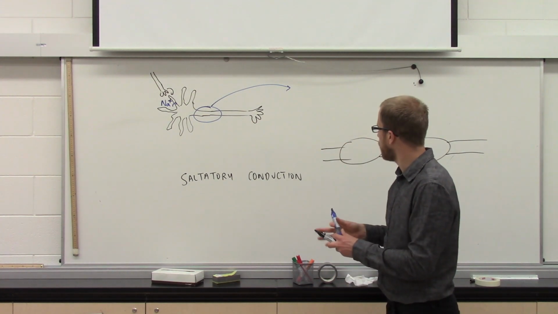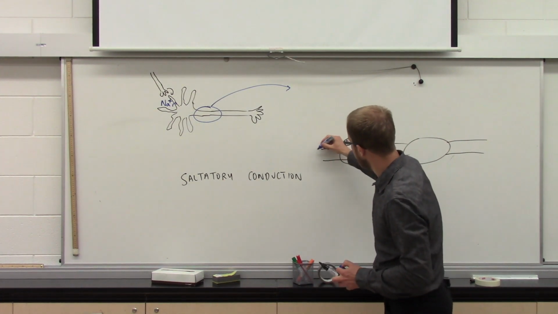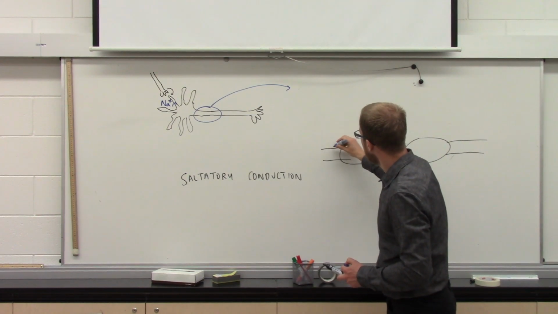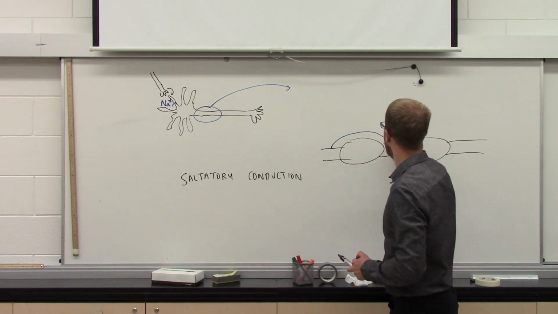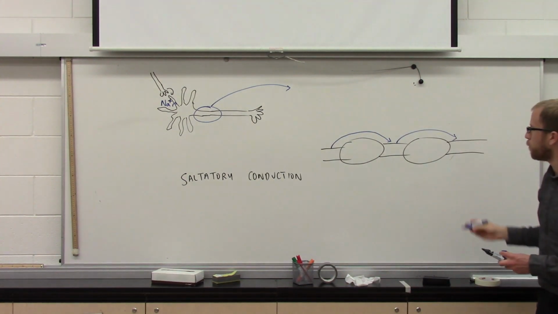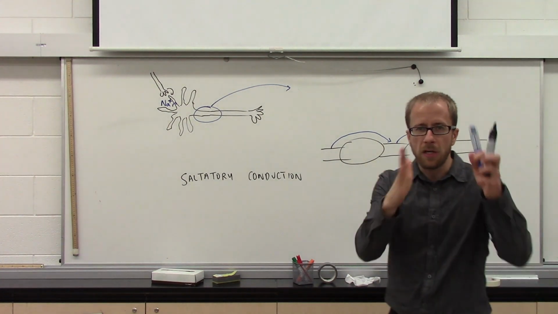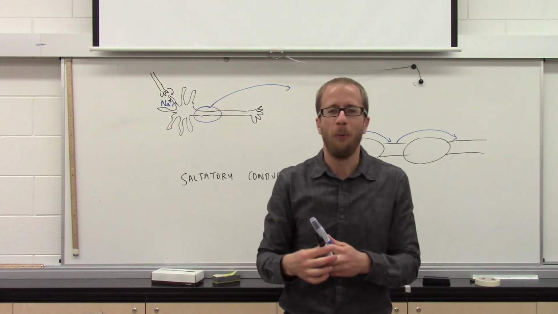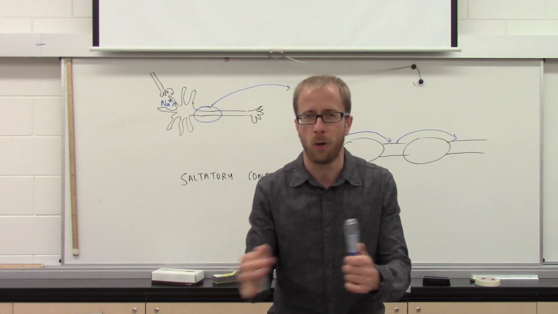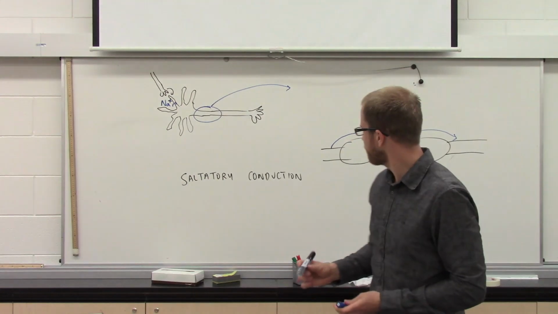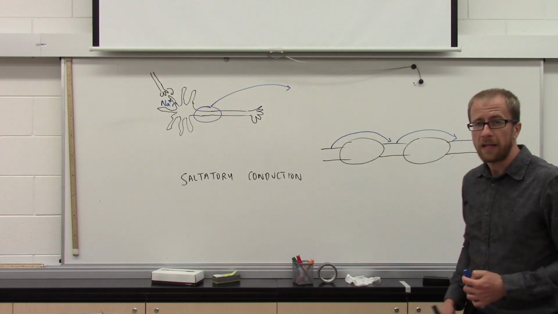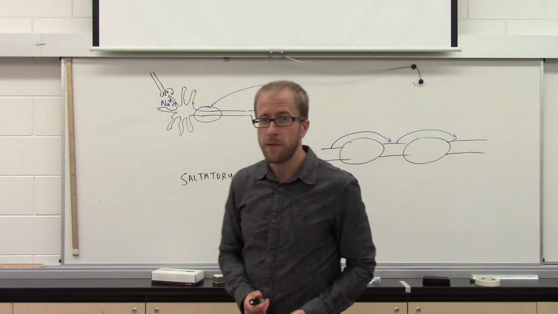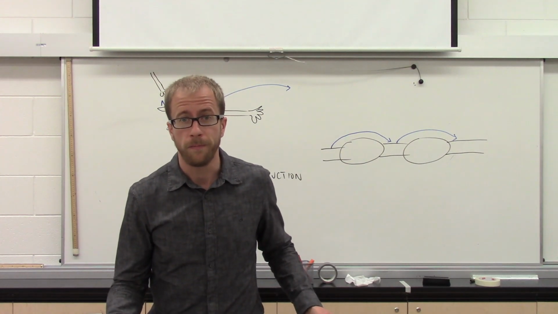Where your nervous impulse here causes depolarization of this membrane, and then that will further depolarize this membrane over here, and then this membrane over here. And instead of your signal moving like this, it moves like this. It moves way faster because it can jump from node to node. And without your myelin, in fact, your nervous system would not be functional.